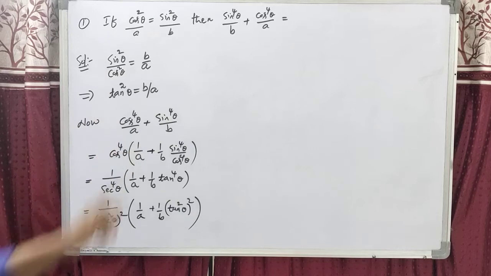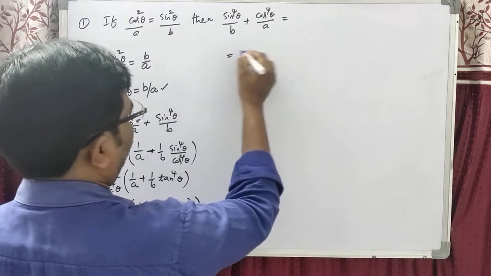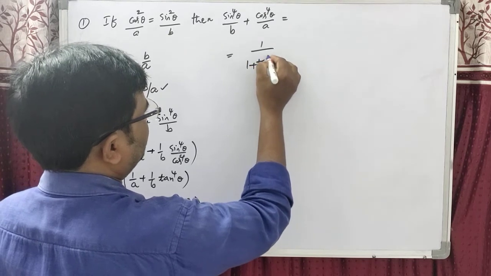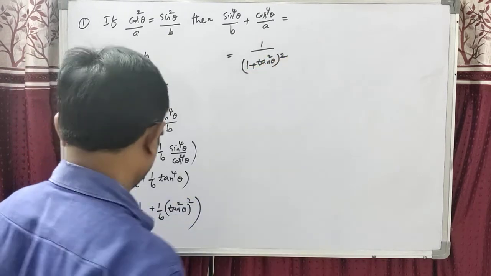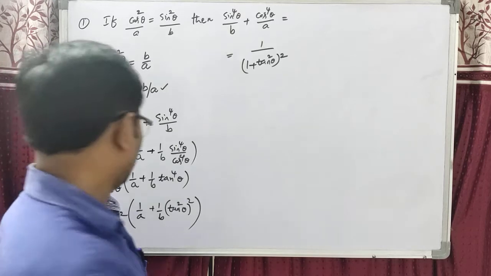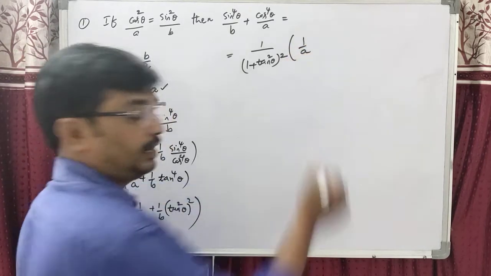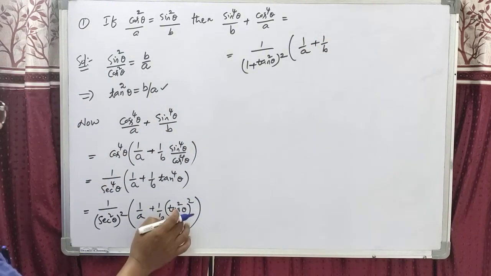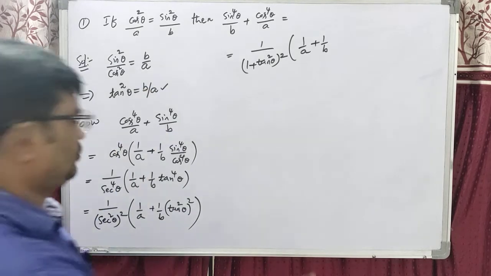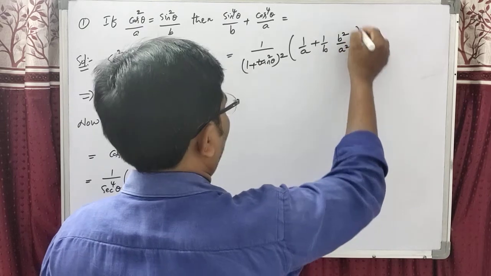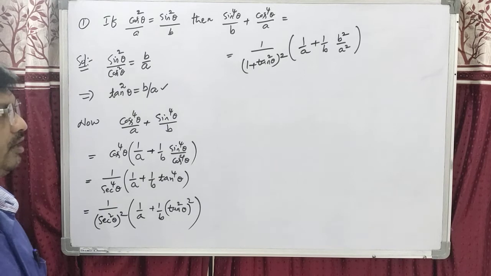But tan square theta we know is B by A. Now the denominator: secant square theta is of the form 1 plus tan square theta, whole square. 1 by A plus 1 by B. The tan square theta is nothing but B by A, so B by A whole square is B square by A square.